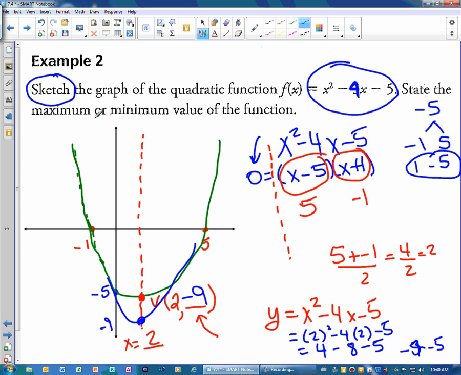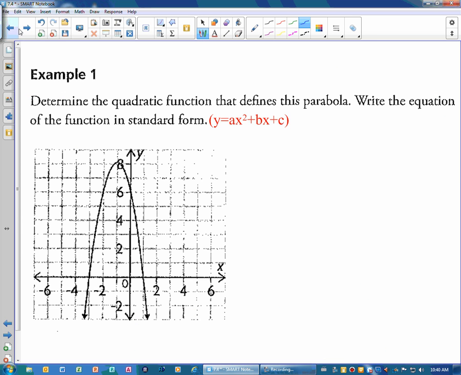All right. Now let's go back to example number 1. And it says, hey, here's the graph. What's the equation? Now, remember in standard form, ax squared plus bx plus c. Right now, we actually know what the c part is. It's 6. Okay? But we also know what the x-intercepts are. Remember, that's r and s. So they're -3 and 1.